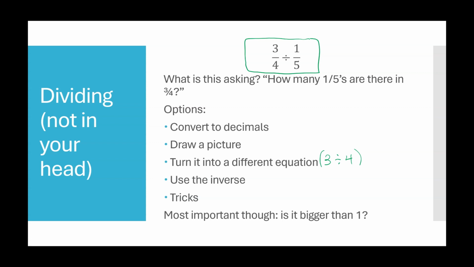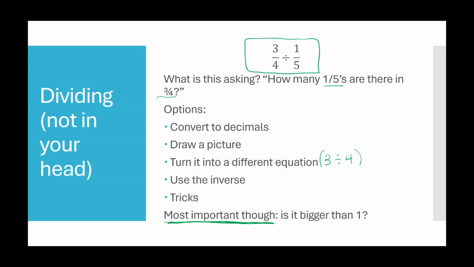The most important thing I want you to think about when you're doing these questions is, what does this even mean, right? It means how many 1/5 are there in 3/4, and you probably have a sense of that. If you picture a 1/5 and a 3/4, could you fit a 1/5 into a 3/4?